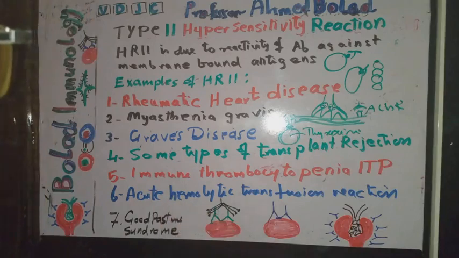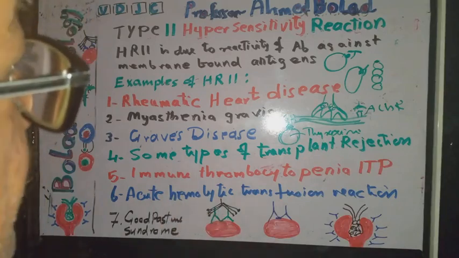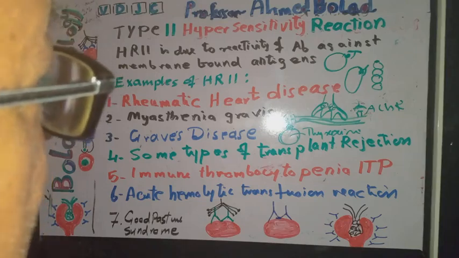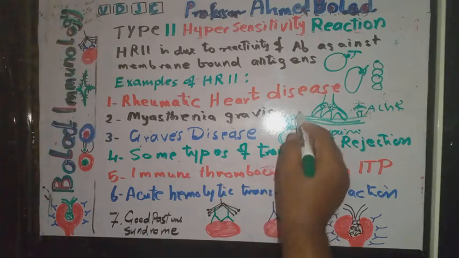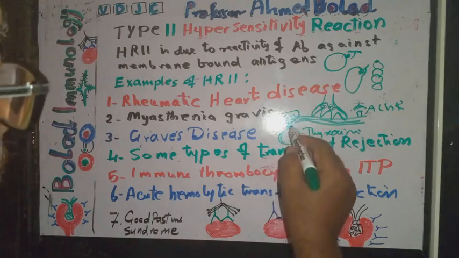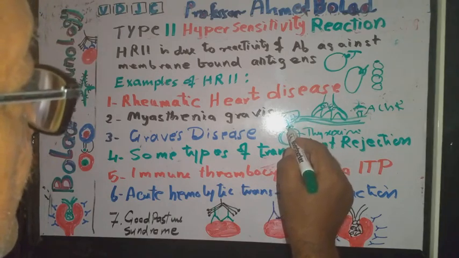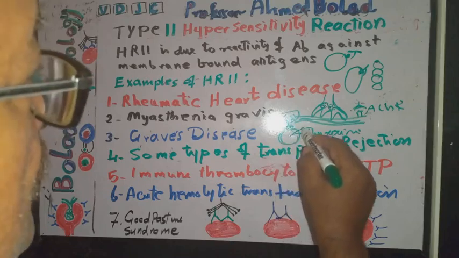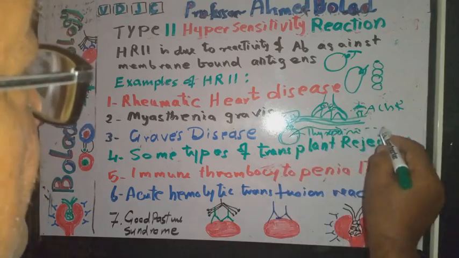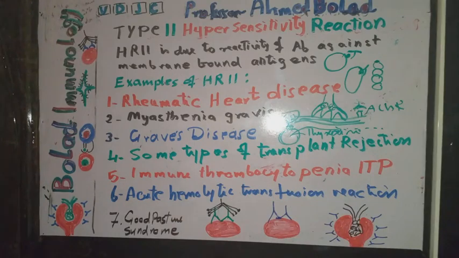However, in Graves disease, the patient mounts antibodies that are similar to TSH, and they sit on the receptors. So this will lead to overproduction of thyroxine and Graves disease.